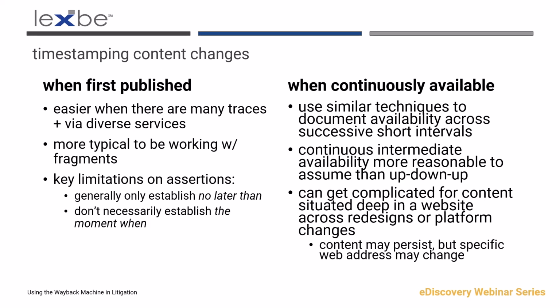While this sampled snapshot approach doesn't definitively establish that the relevant information was also present in the periods between the observable captures, it generally weighs in favor of that conclusion in proportion to the length of time between captures, the frequency of change of the web page, and other factors. Tracking the continuous historical availability of information can get complicated if there are intervening website redesigns. The information may have nonetheless been continuously available, but at different locations on the same website over time.